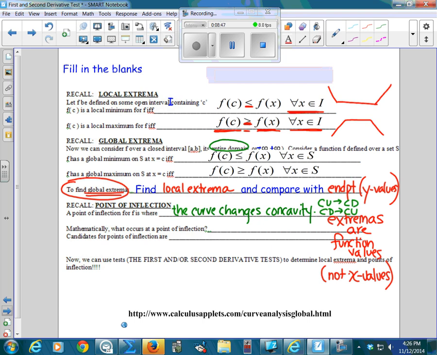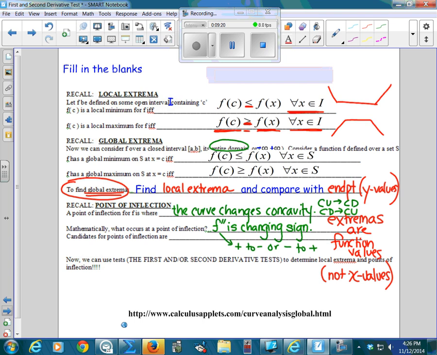Well, if it goes from concave up to concave down, or concave down to concave up, that means f double prime must be changing sign, so it's probably going from positive to negative or negative to positive, right?